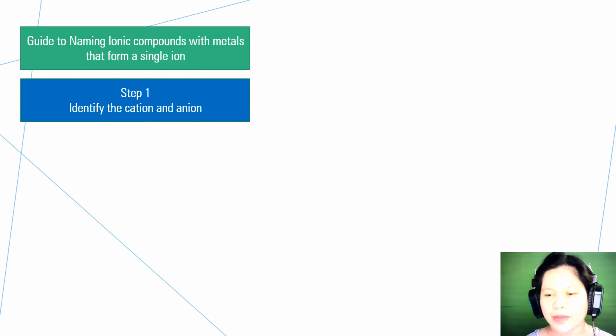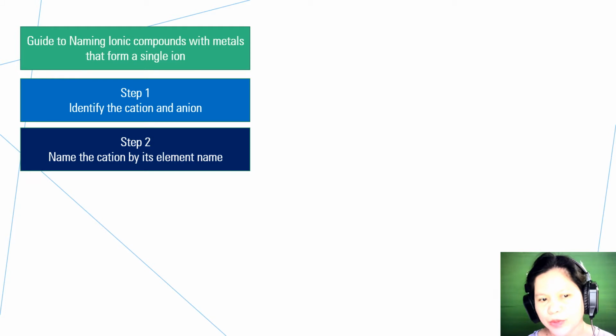So after you have identified which one is cation and which one is anion, then you have to name first the cation by its element name. So when I say element name, there will be no change in the name. So as is, the name of the element.